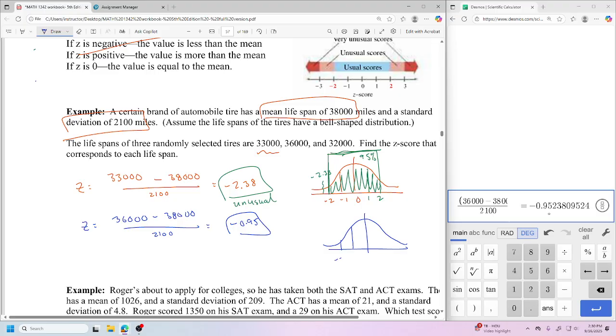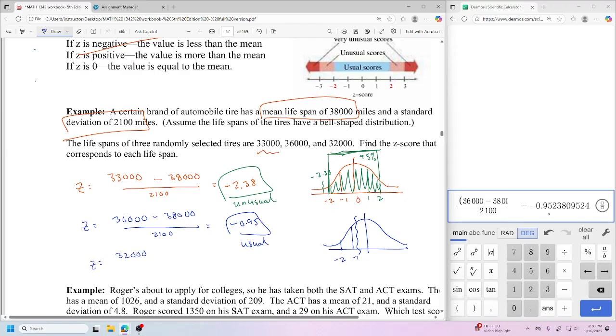This is a fairly normal one. It's somewhere right here. It's less than average, but it's not unusually so. So I would almost call this one usual. Usual. Did I spell that wrong? Yeah, I did. There you go.